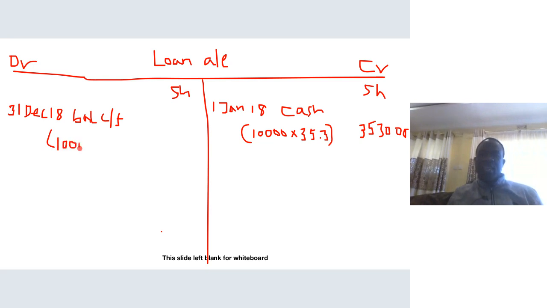Now at the exchange rate at that particular time. So 10,000 times the exchange rate at that particular time, which was 33.4. Exchange rate was 33.4. So again, I'm waiting.